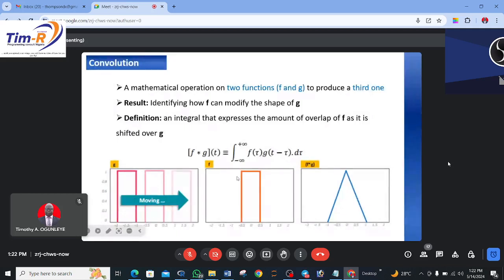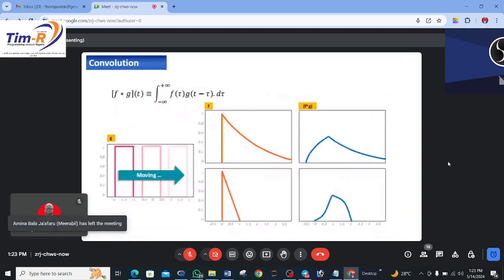When these two functions overlap, it gives an output, a third function, which is this representation we are seeing here. This output is equivalent to the overlap of these two functions f and g when they convolve together.